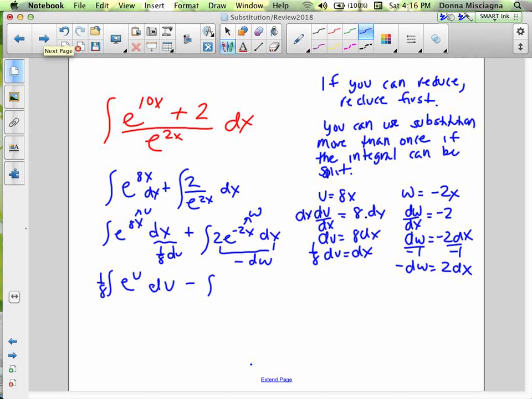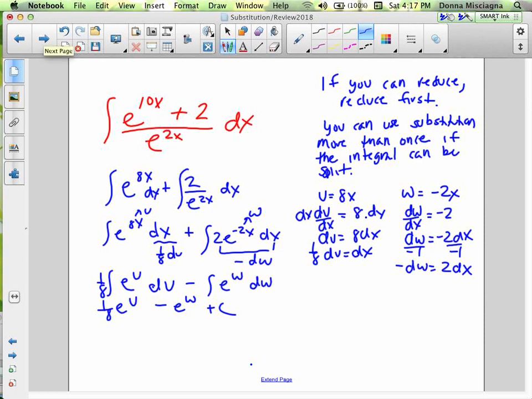So we don't need the 2, we don't need the dx, but we still have the e to the w dw. All right, so now we can integrate. So we have 1/8 e to the u minus, and we don't need 2 c's, minus e to the w, and then plus c. There we go. We got everything in there.